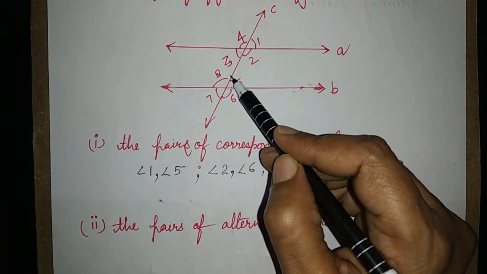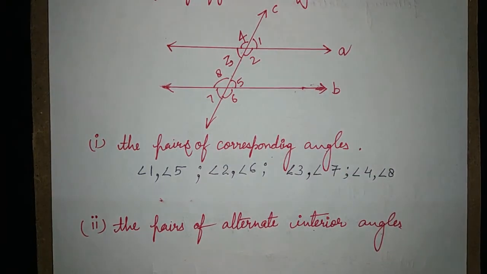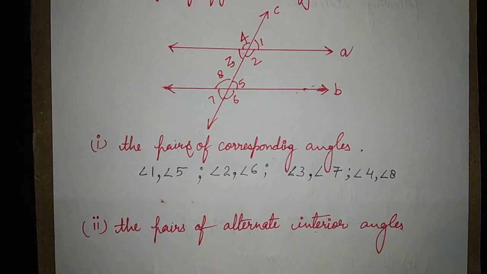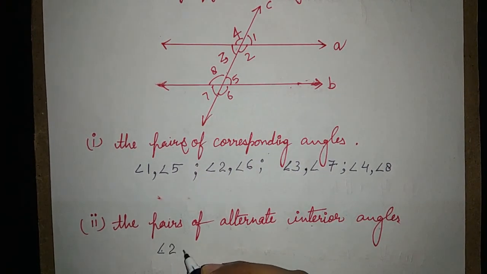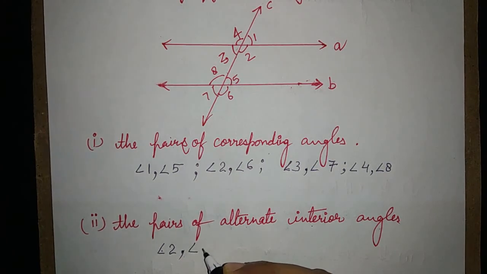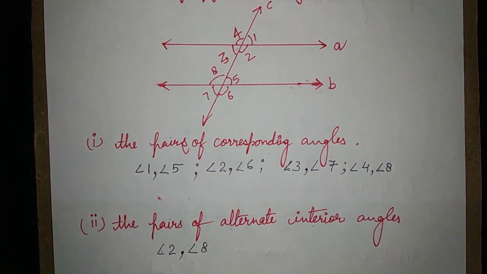So the first pair of alternate interior angles is angle 2 and angle 8.